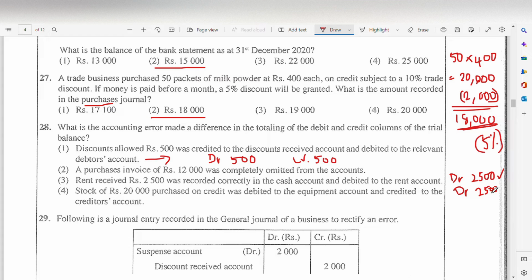You bought on credit. Here, instead of debiting stock, you have debited equipment. So, yes, it's an error, but still your double entry is balancing. So, the answer here is answer 3. Rent received rupees 2,500 was recorded correctly in cash account and debited in the rent account.